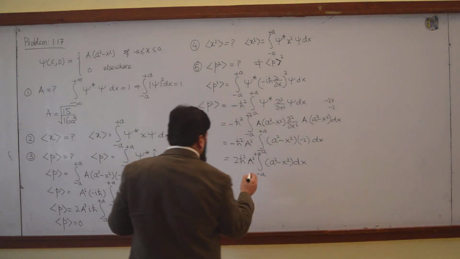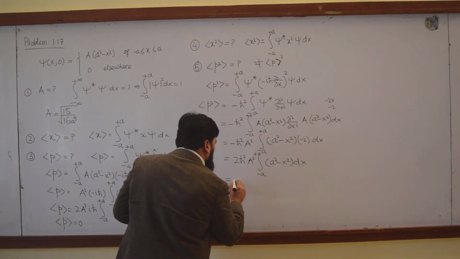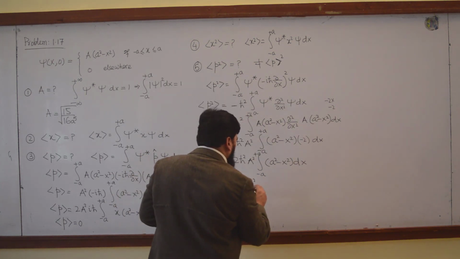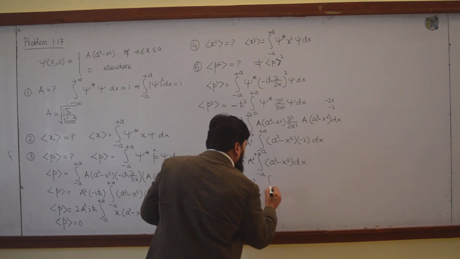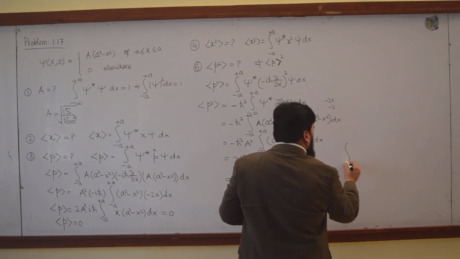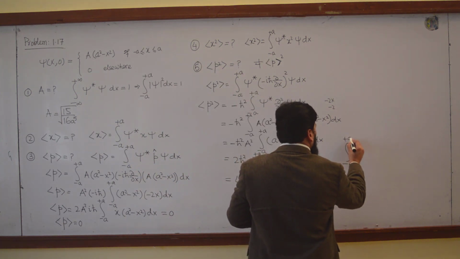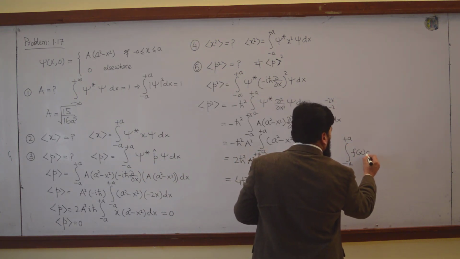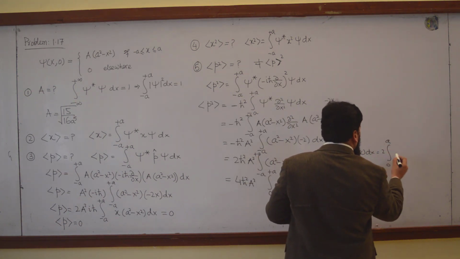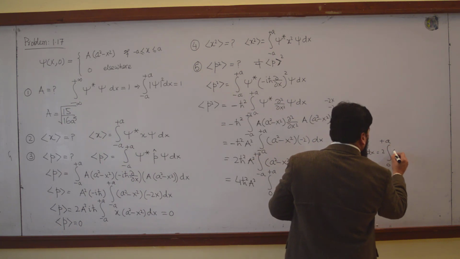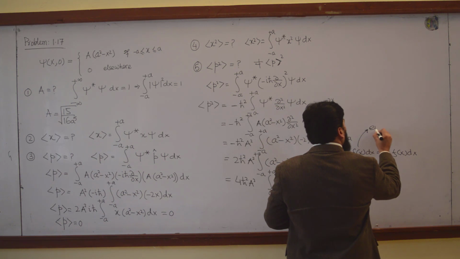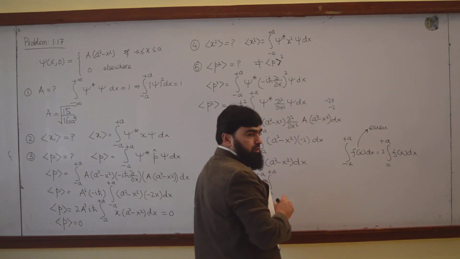For an even function, this will come out to be 4 times h bar square a square, and this will become 0 to plus a, because integral from minus a to plus a of f of x dx is equal to 2 times integral from 0 to a of f of x dx, provided this is an even function.